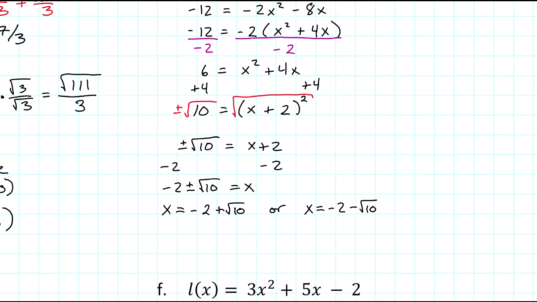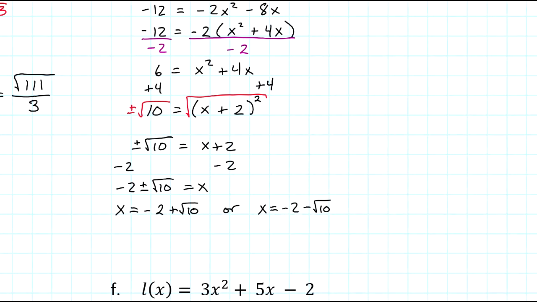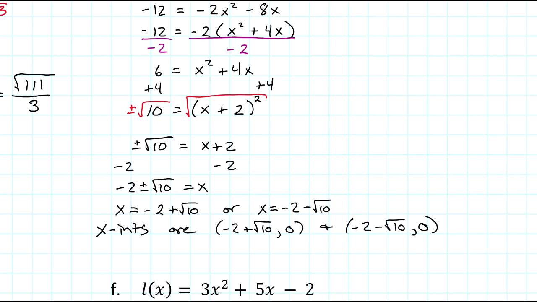So that was nice. There actually wasn't any fractions in that, but we still have this square root that we can't simplify. That square root of 10 doesn't really have anything happen with it to make it get any simpler than that. So we can say that the x-intercepts are the points negative 2 plus the square root of 10, comma 0, and negative 2 minus the square root of 10, comma 0.